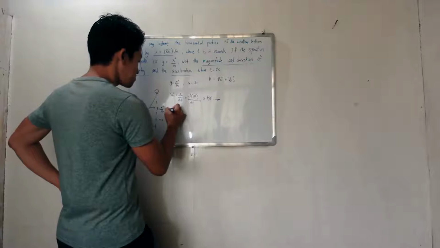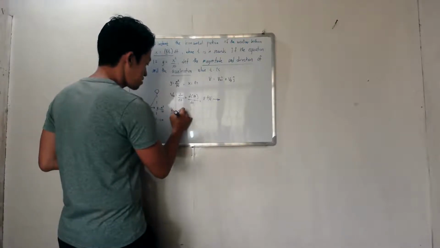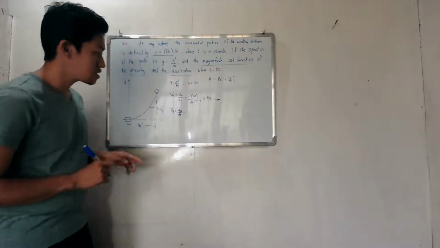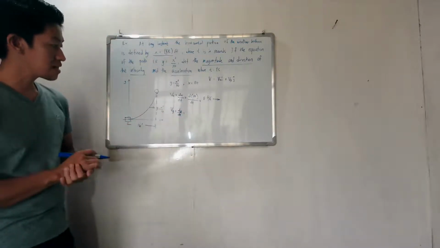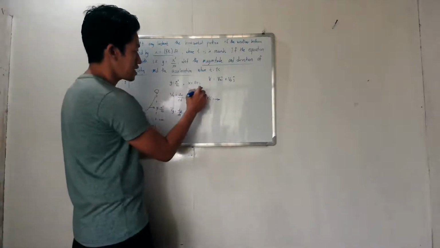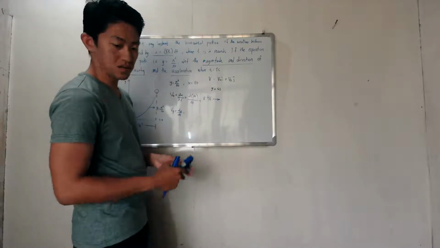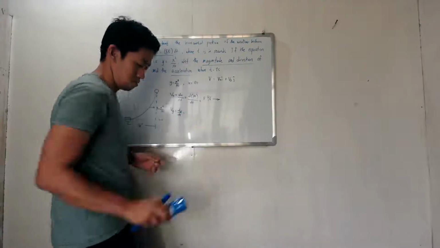Okay, Vy. Vy is dy over dt. But since wala kay equation nga y in terms of t. Wala, no? Wala ka na.